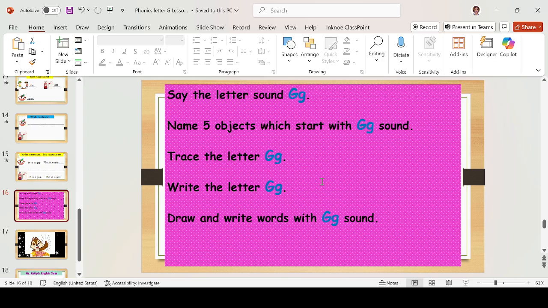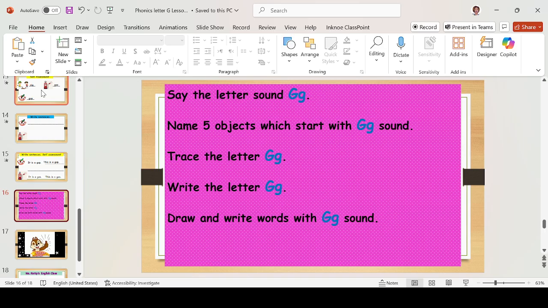Then I want you to draw and write words with G sound, okay? Which words are you going to do? These 3 ones only in your notebook. Because here I was telling you the letter sounds, right? But now I want you to write without me telling you the letter sounds.